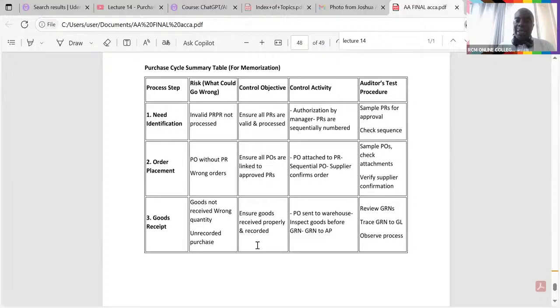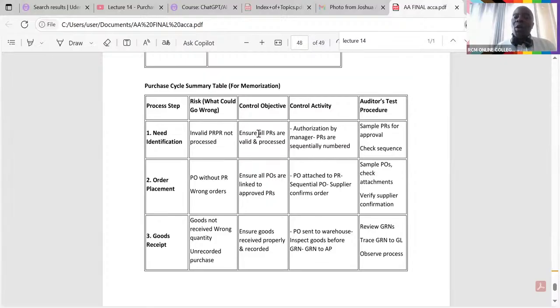Process step, need identification, risk, what could go wrong. So in this case here, invalid purchase requisitions, or even these purchase requisitions not processed. Control objectives: ensure all purchase requisitions are valid and they are processed.